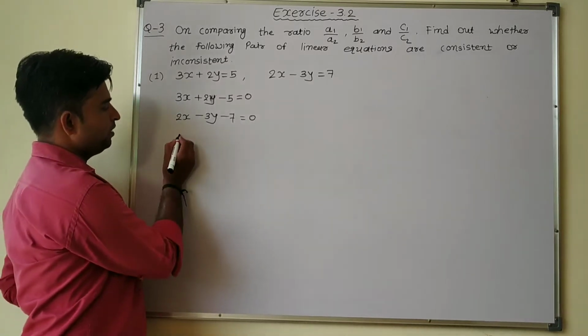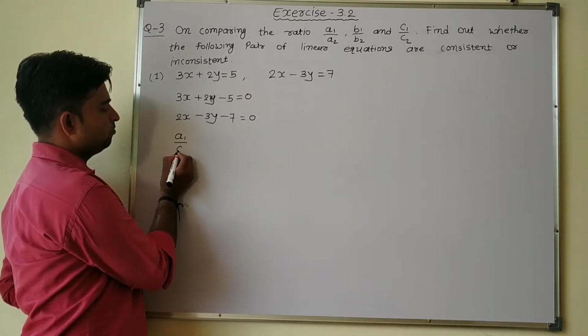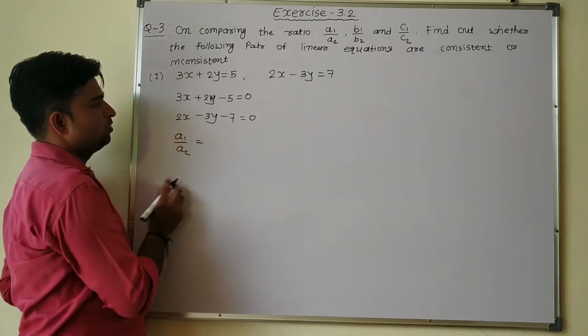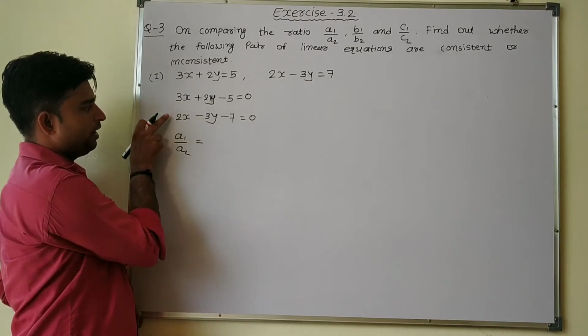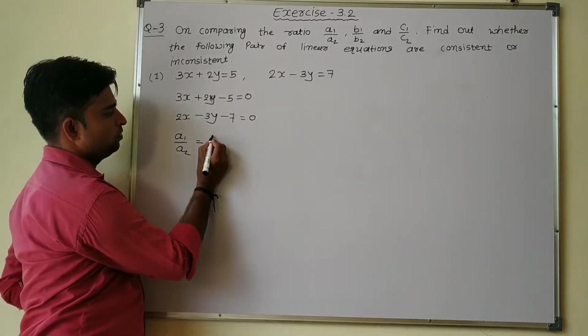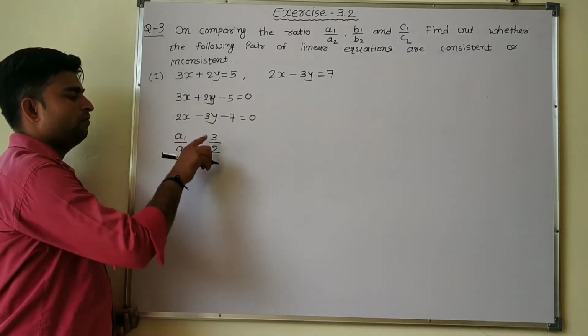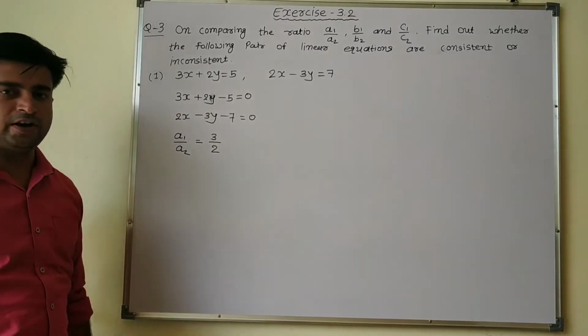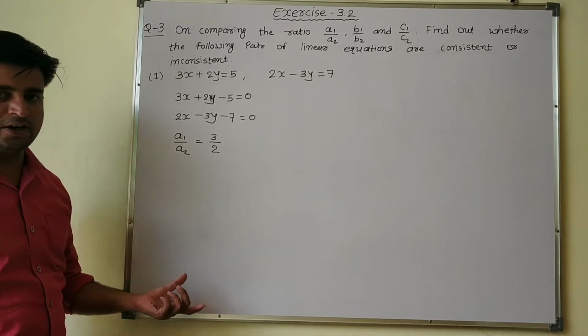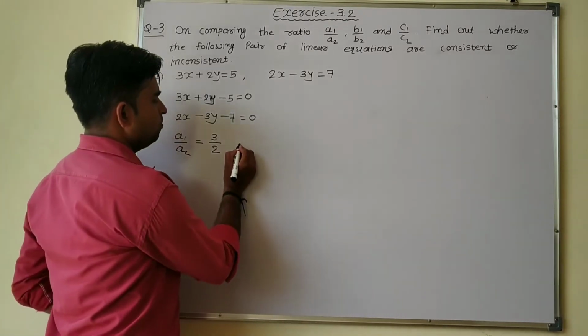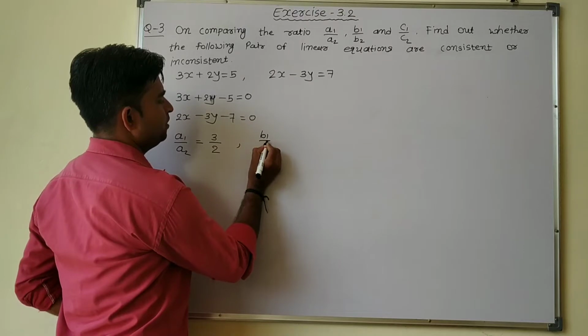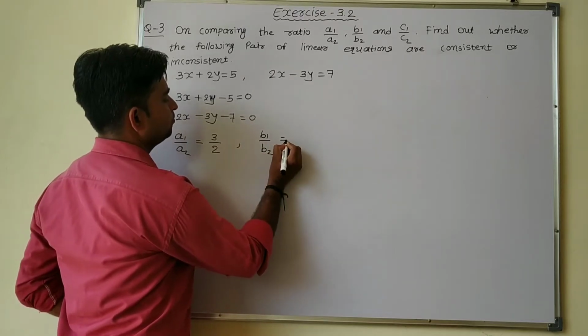Now we have to find A1 upon A2. From here A1 is 3 and A2 is 2, so it becomes 3 upon 2. Here no factor is possible for 3 and 2, so the answer is the same, 3 upon 2. Now the second ratio, B1 upon B2.